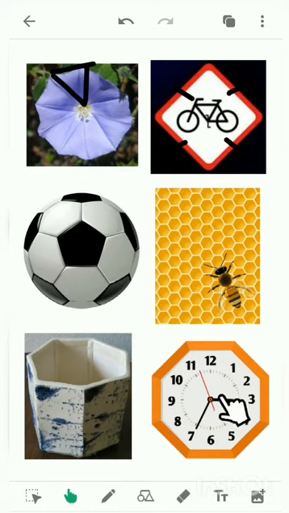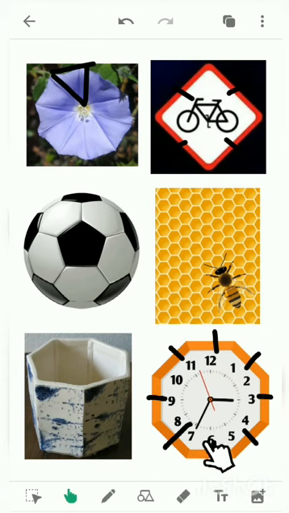This is the picture of a clock. How many sides does this picture have? 1, 2, 3, 4, 5, 6, 7 and 8. Therefore, this is a closed figure with 8 straight sides. Therefore, this is an example of an octagon.